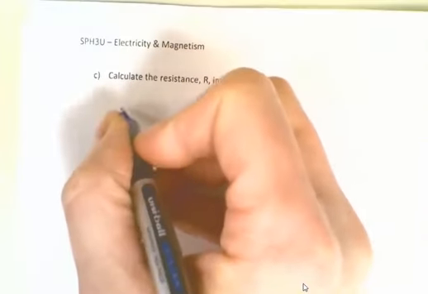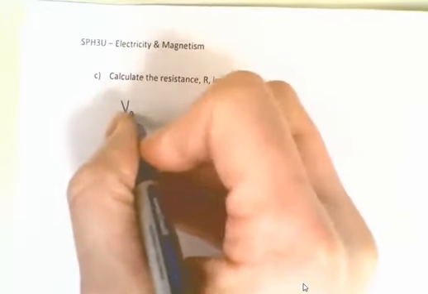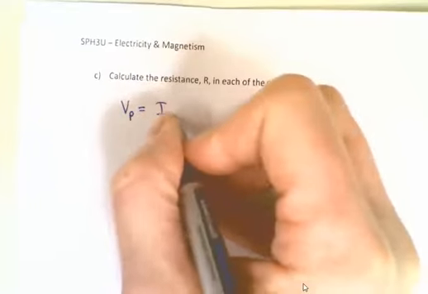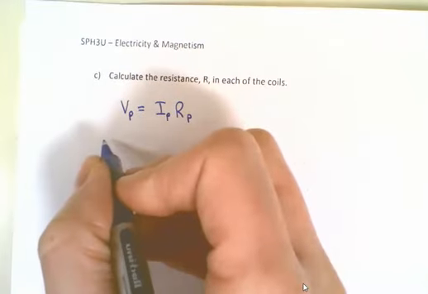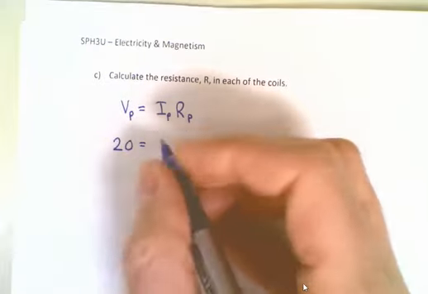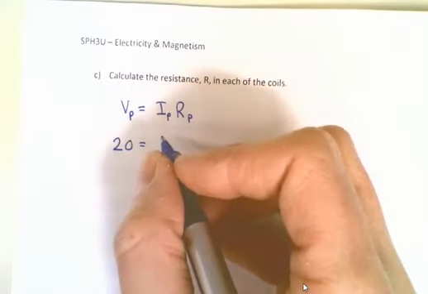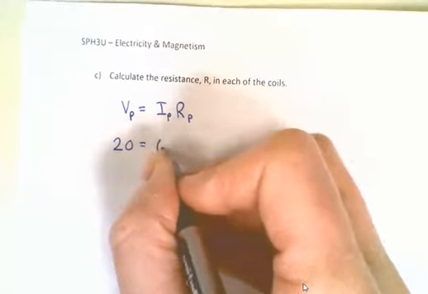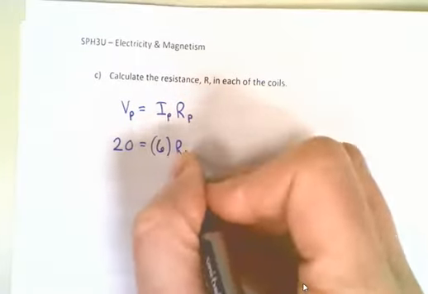Okay, calculate the resistance in each of the coils. Well, like I just said, let's look at the primary side. On the primary side, we know that the primary voltage, I believe, was 20. The primary current was 6. And so we can find that resistance.